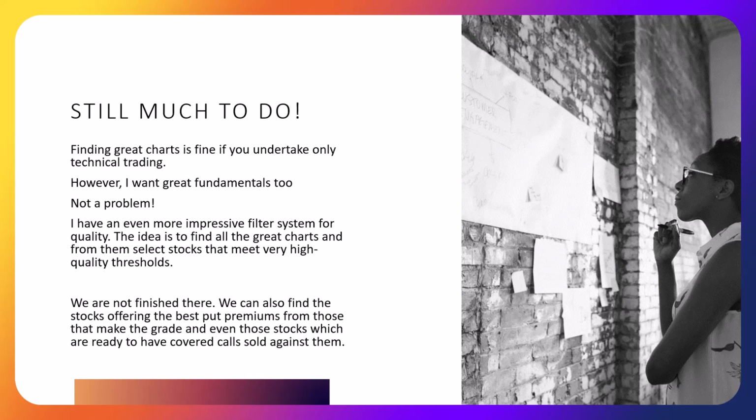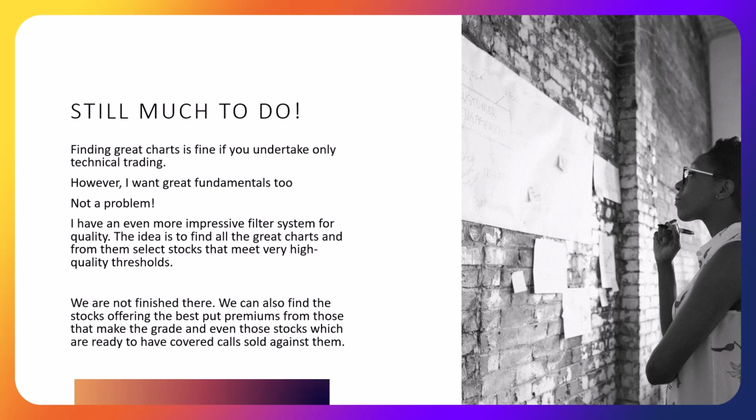But there's still an awful lot to do here. Finding great charts is fine if you only do technical trading, but we need those fundamentals too. That's not a problem. I've got an even more impressive filter system for quality. The idea is to find all the stocks with great charts, and then to select from amongst them those which have met the very high quality thresholds.